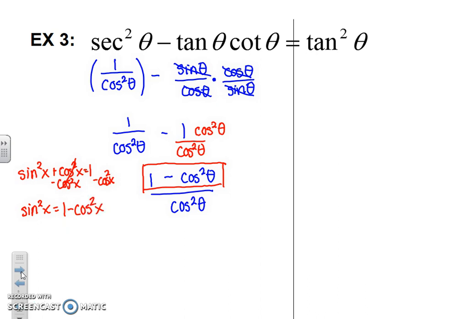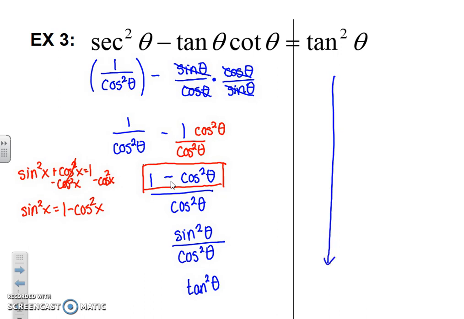So you can see here that 1 minus cosine squared of a variable equals sine squared of that variable. So we can replace 1 minus cosine squared theta with the sine squared theta over cosine squared theta. And sine over cosine is tangent, so we get tangent squared theta here, which is, of course, what we were looking for so that it will match the other side.